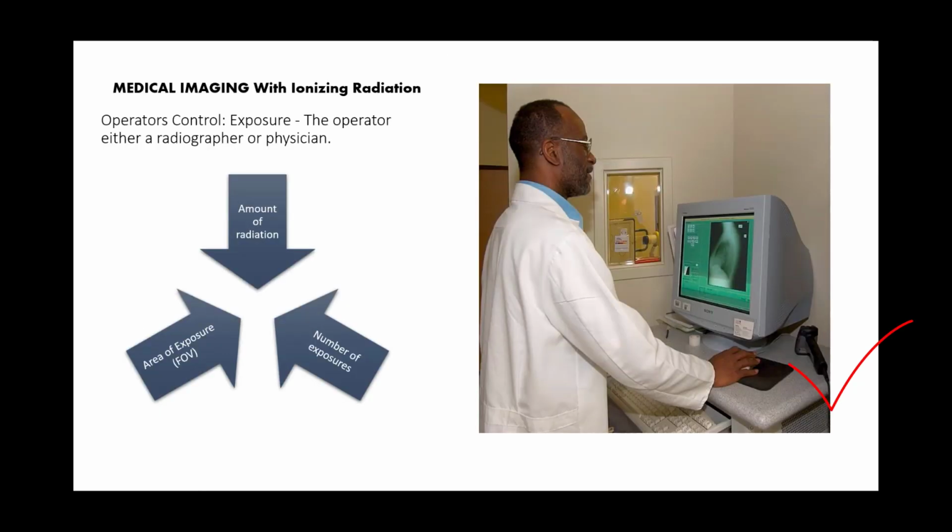The equipment operator controls the dose or exposure, which is the amount of radiation utilized, the area of exposure, and the number of exposures required to create the data to make the medical images for study.